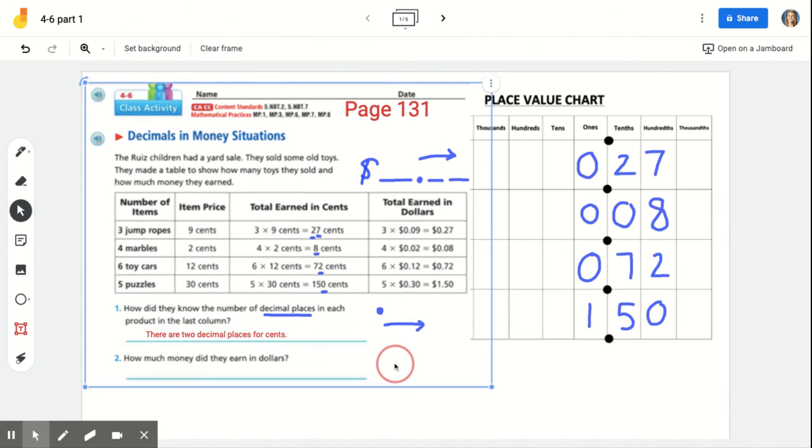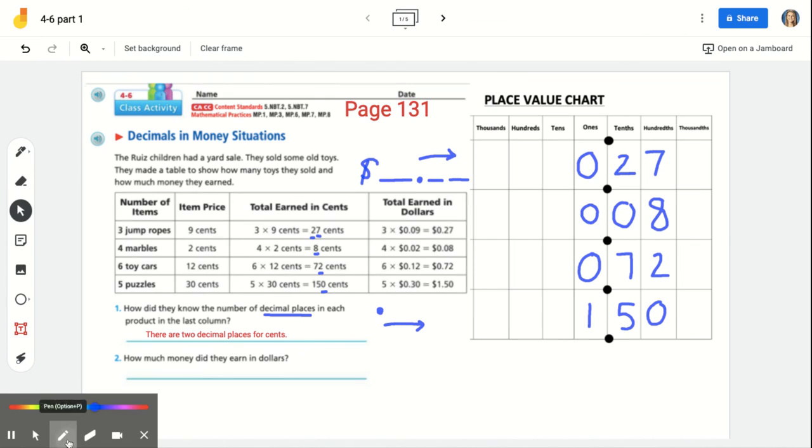There are 2 decimal places for cents. And if we want to demonstrate on the side so we remember, there's a decimal, and then to the right of the decimal, when we're talking about cents, there's 1, 2 place values, tenths and the hundredths place value for cents. All right, do you have an answer for number 1? Great. Number 2 asks, how much money did they earn in dollars?